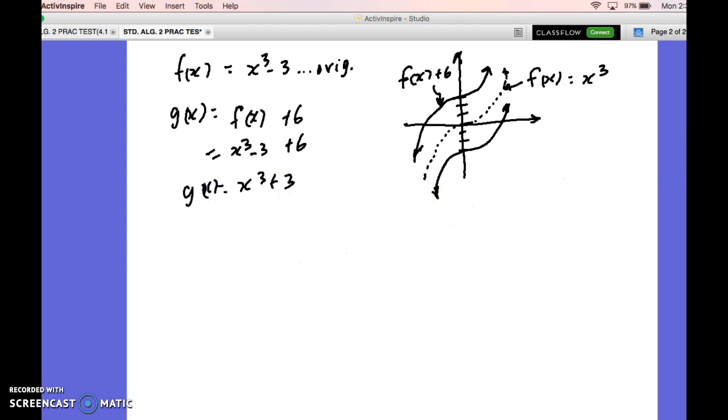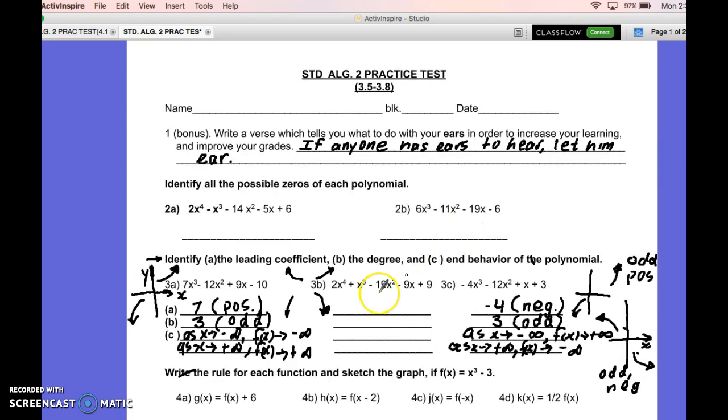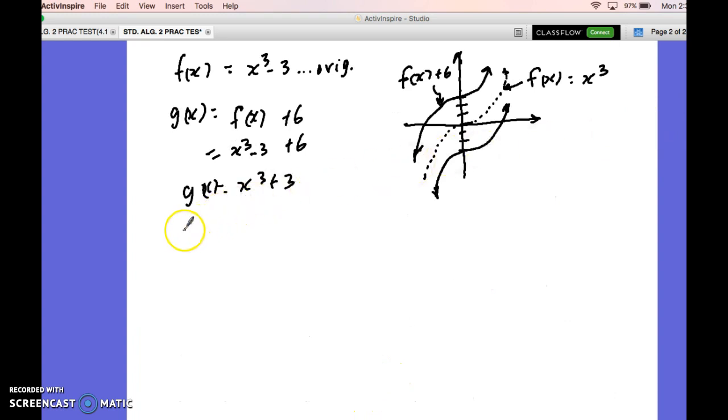Let's go ahead and take a look at another one. h of x is equal to f of x minus 2. What would that look like? So here we have h of x is equal to whatever f of x is minus 2. And let's see what this would be.